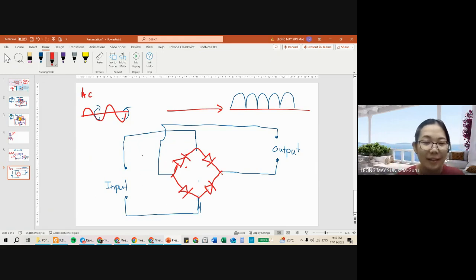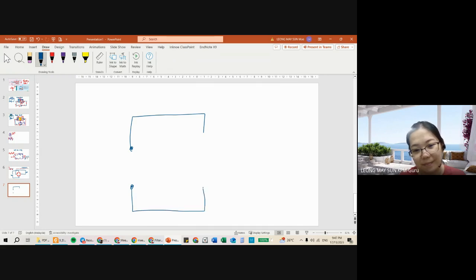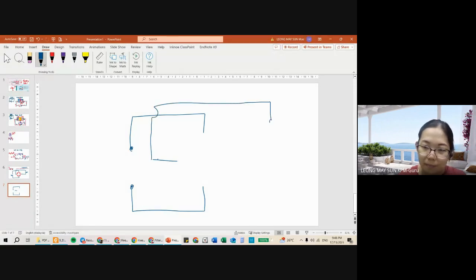All right. Okay. So I am gonna draw again because when it comes to full wave rectification, I'm a bit of a perfectionist about my drawing. So usually what I do is I draw the parallel side first, and it's pointing to the same direction.